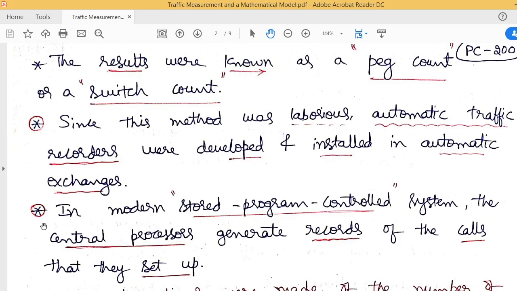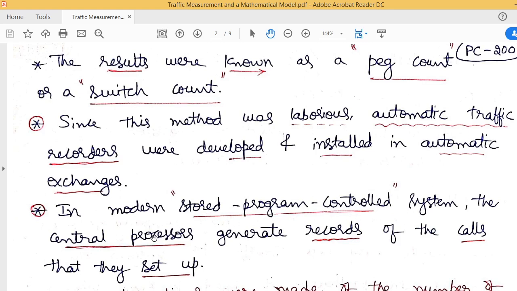In modern stored program exchange systems, the central processor generates records of the calls that they set up. So a stored program control exchange is an advanced exchange, also called an SPC exchange.